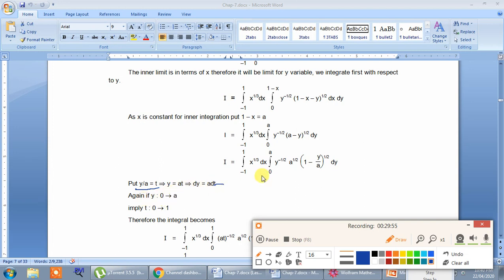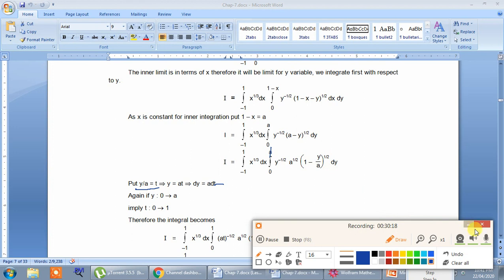Therefore if y is 0, t is 0, and if y is equal to a, divided by a, that a will get cancelled, t is equal to 1. So the new limit will be from 0 to 1, and the y value is at. So a raised to half, a raised to minus half, t raised to minus half. This a we have already taken outside, and 1 minus t raised to 1 by 2 into a dt.